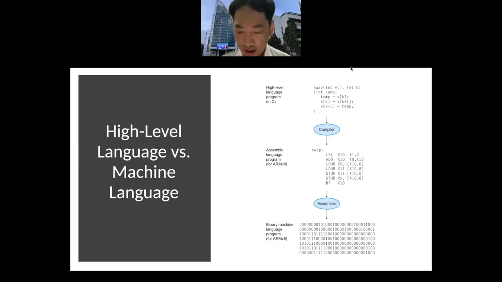After we discuss assembly language, next we are going to make ourselves the assembler. The assembler can translate the assembly language into the machine language, and this is the machine language. By the end of chapter 2, you will be able to do something like this by yourself. Is that very challenging?